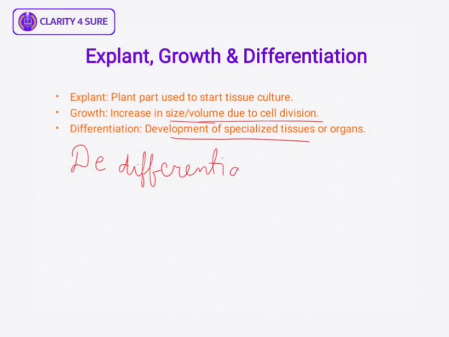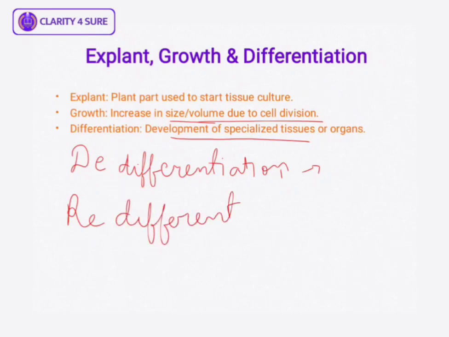This is also important. Then we have one more, which is redifferentiation. For example, callus formed from carrot cells can redifferentiate into roots or shoots. So, callus cells form organs again.